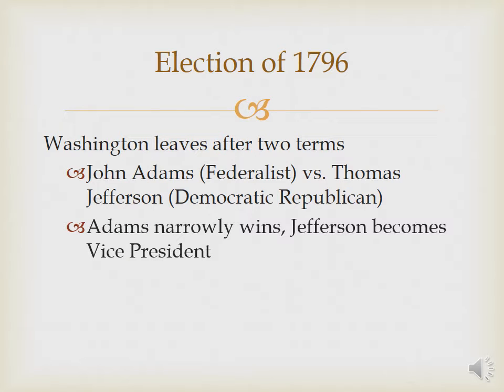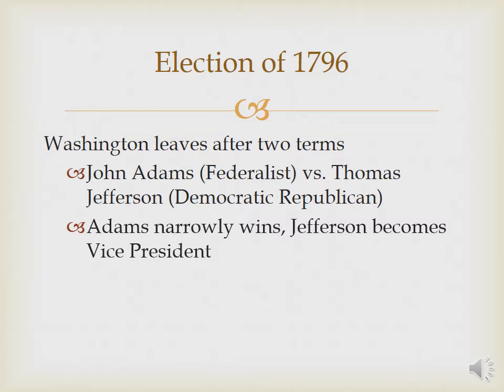So the election of 1796, like I said before in the previous lecture, George Washington will leave after 2 terms or 8 years in office. So the second president of the United States will actually be elected, and this election is obviously in 1796.